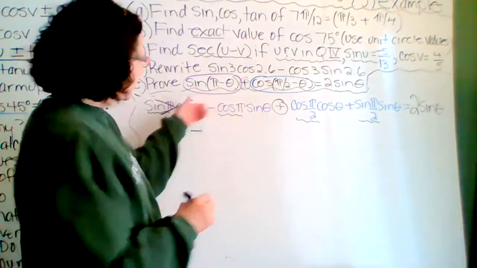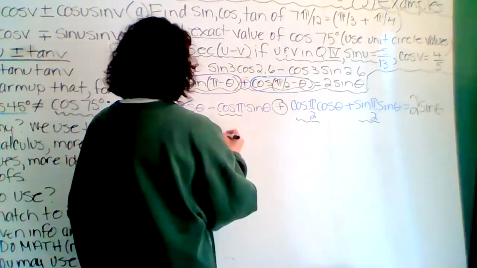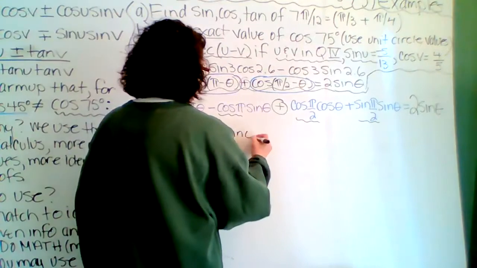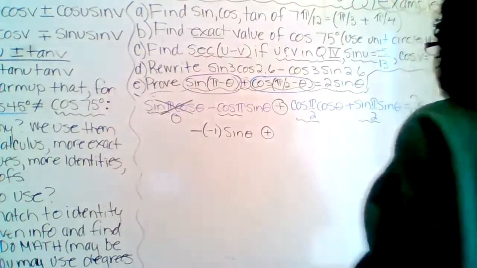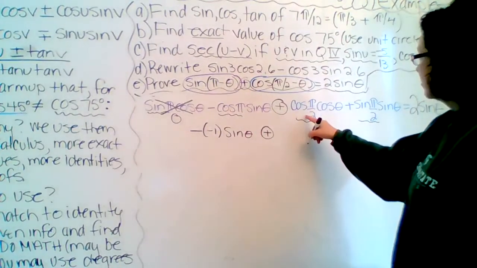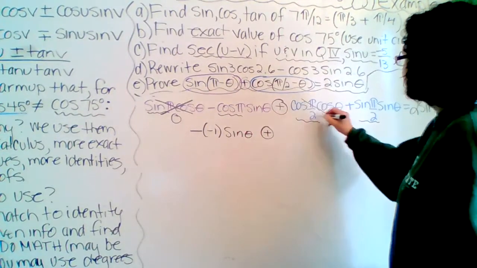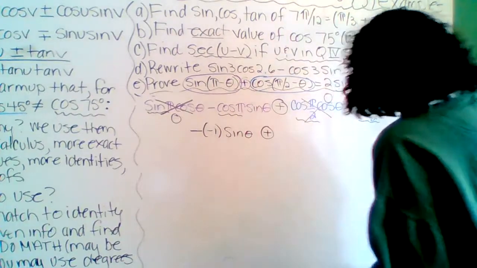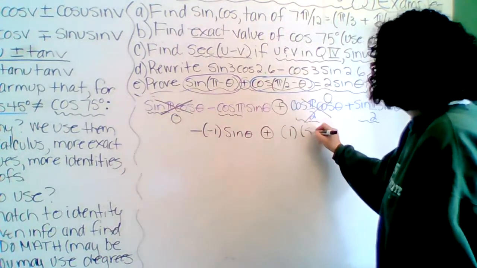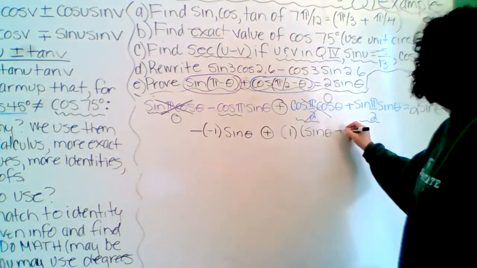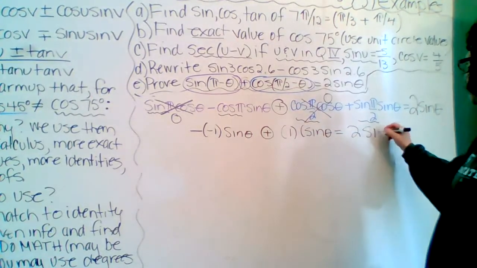Cosine of pi is negative 1 times sine of theta. Okay, plus, I'm at that middle plus sign. Cosine of pi over 2 is 0 times cosine, so this is 0. Sine of pi over 2 is 1 times sine of theta equals 2 sine of theta.